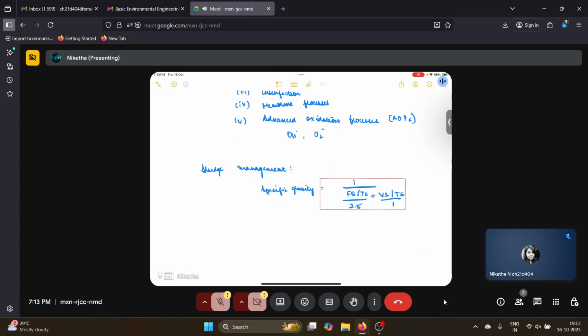So this is the formula for calculating the specific gravity of the sludge.